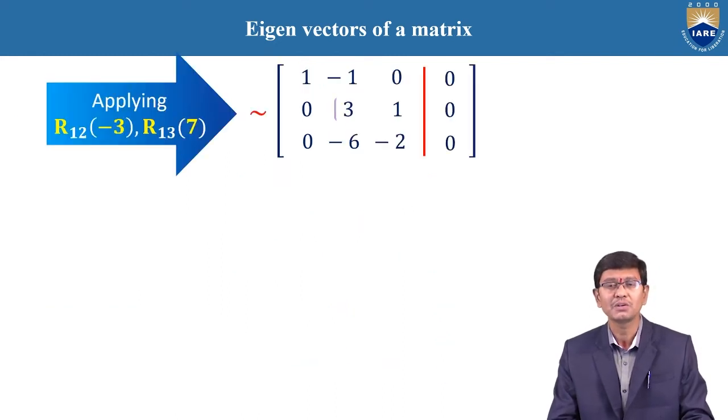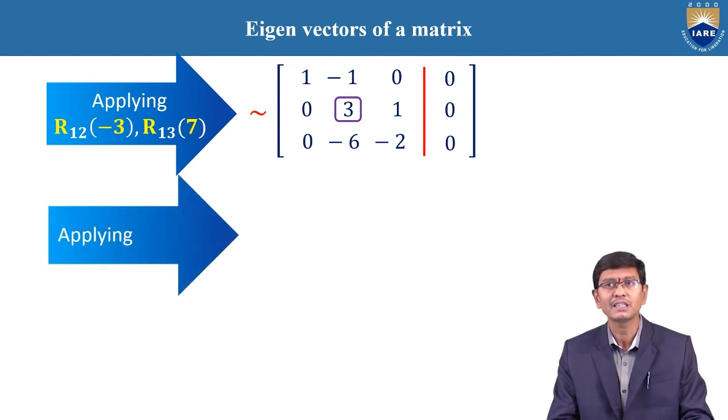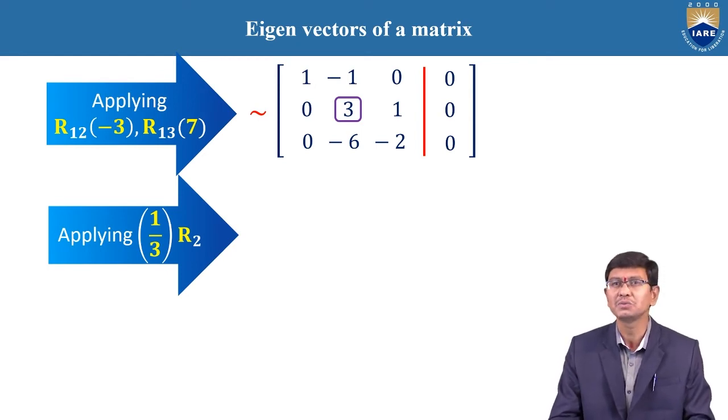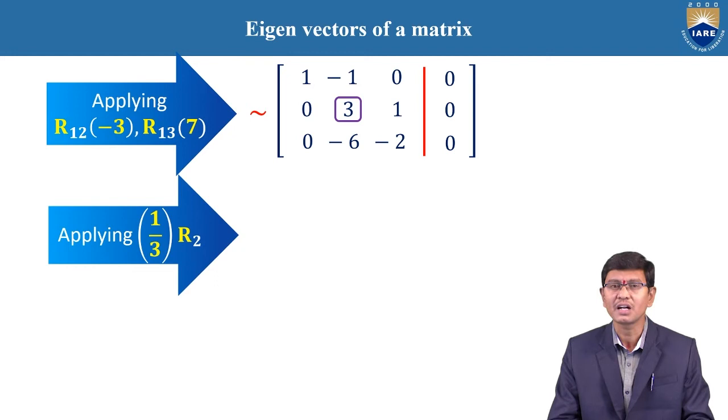The matrix is now [1, -1, 0; 0, 3, 1; 0, -6, -2], and this is also not an echelon form of a matrix.